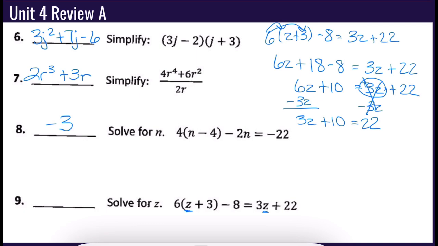So we're going to be solving it by subtracting the 10 to make it go away on the left and subtracting the 10 on the right to keep it even. So we're getting 3z equals 12. Then I want to get rid of that 3, so I'm going to divide both sides by 3, and that gives me z equals 4.